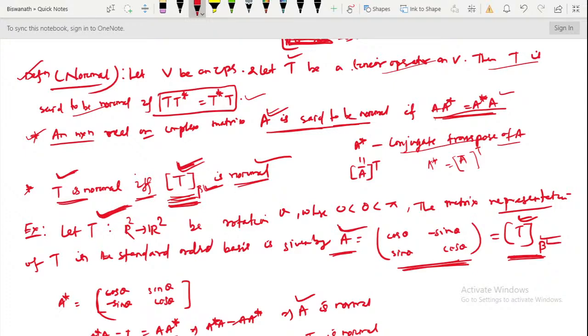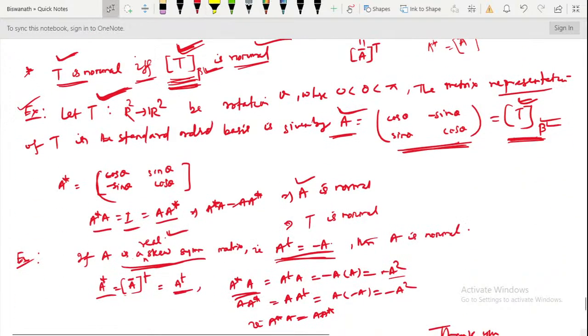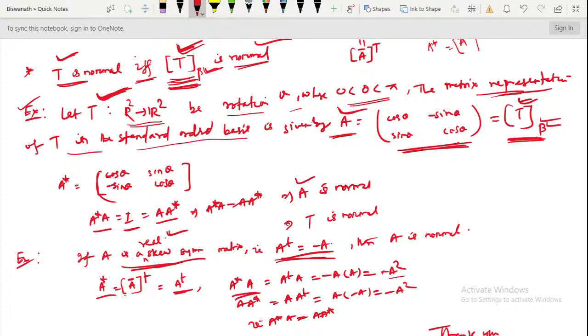And also I did two examples. The first example: let T from R2 to R2 be a rotation by theta, where theta lies between 0 and pi.